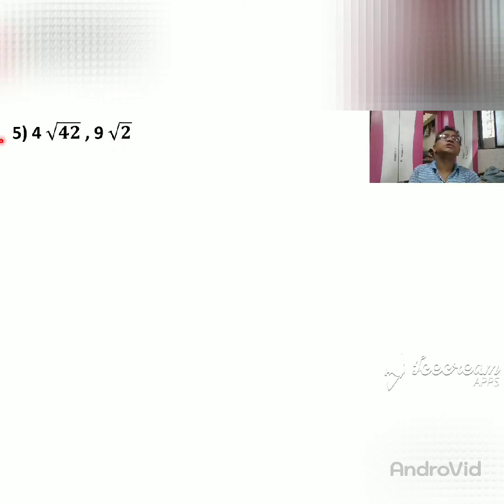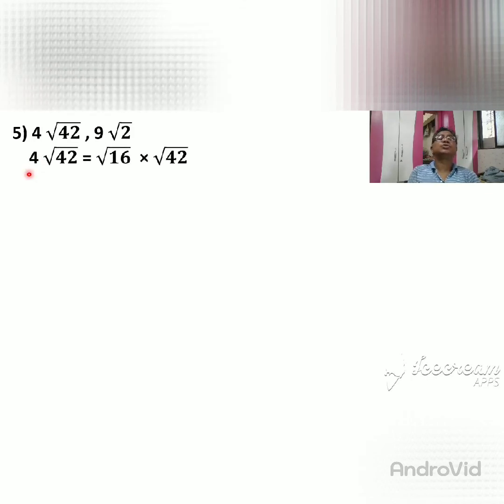First, 4 into root 42. The order is 2, so 4 square. 4 square is equal to 16. So 4 into the coefficient of 42, 4 square is 16.